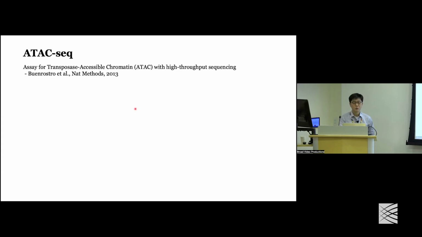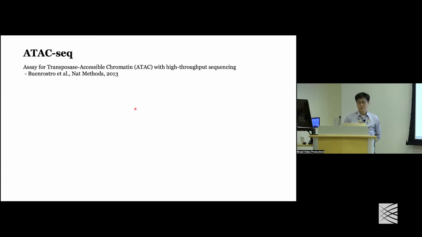Okay, so first of all, what is ATAC-Seq and how does it work? ATAC-Seq is an assay for transposase accessible chromatin with high throughput sequencing, originally developed by Jason Buenrostro in 2013 in the Greenleaf Lab.